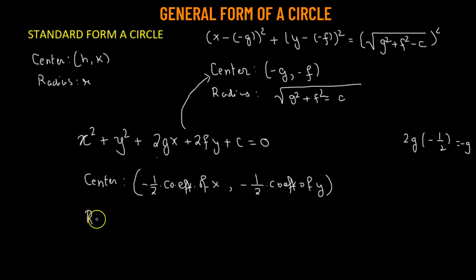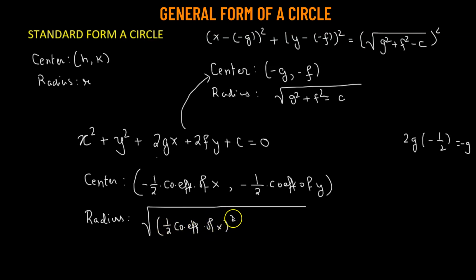And then coming to the radius, our radius will be given by the square root of, since g squared is nothing but half of the coefficient of x whole squared, so that's g squared, plus half of the coefficient of y whole squared, and from it we are going to subtract the constant term, that is c.